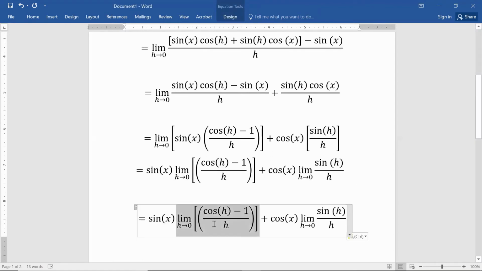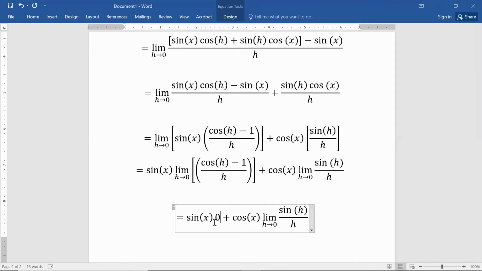I'm not going to go through that right now, but this whole limit becomes 0. So you get sine x times 0 plus cosine x. Well, we've actually calculated something like this limit before. We've calculated the limit of sine of 3h over h and gotten 3. Well, sine of 1h over h turns out to be just 1.